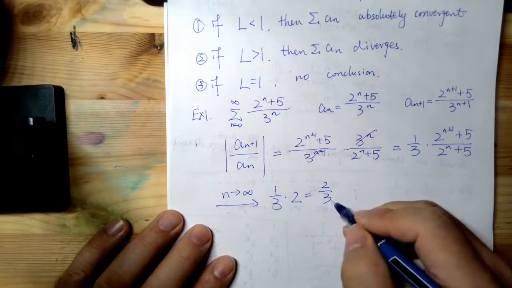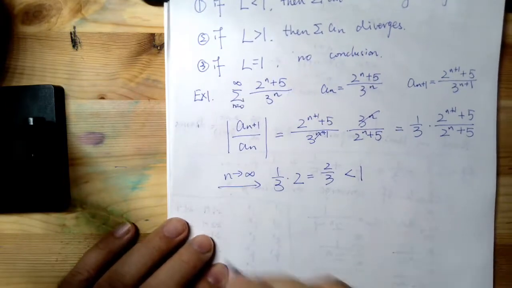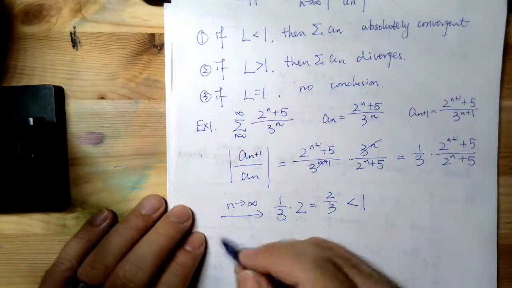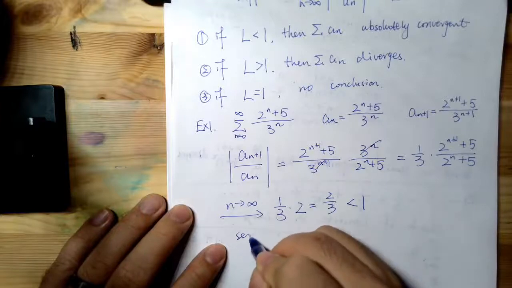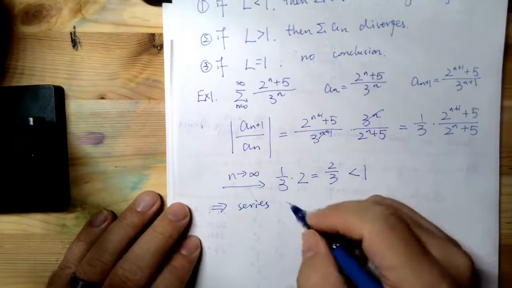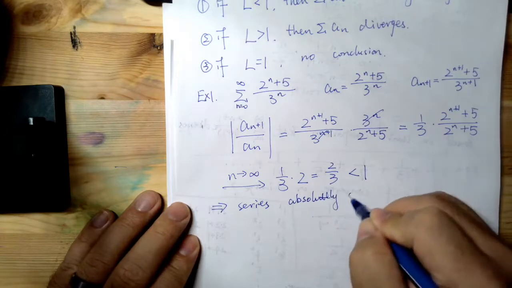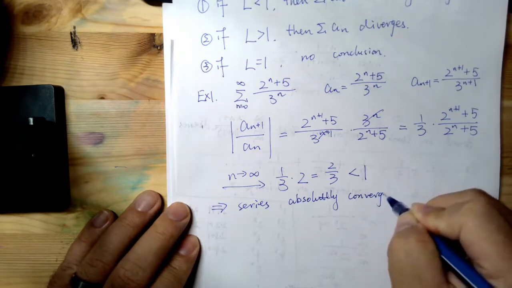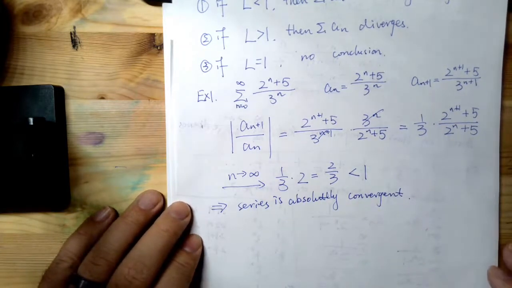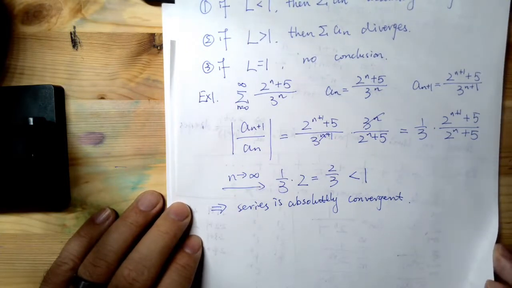Well, since 3 over 2 is a number less than 1, based on the first conclusion, we know that our series not only converges, it is absolutely convergent. So that's a very straightforward example of the ratio test.